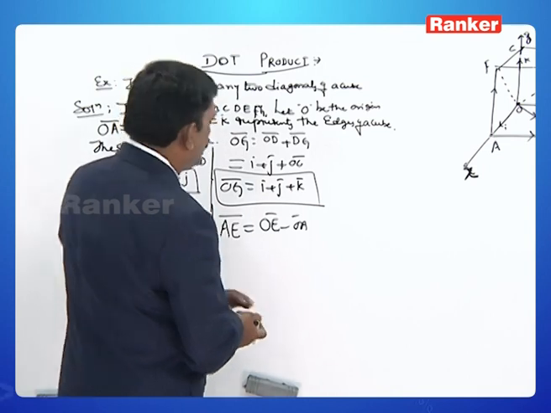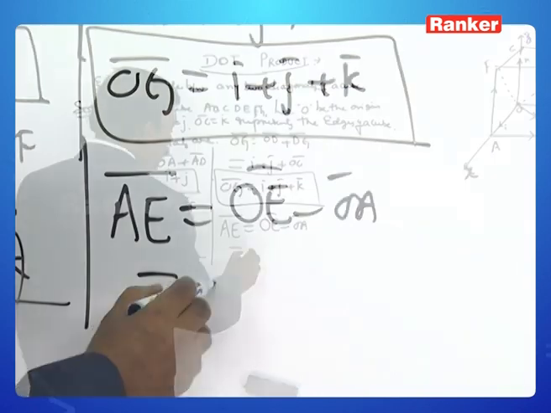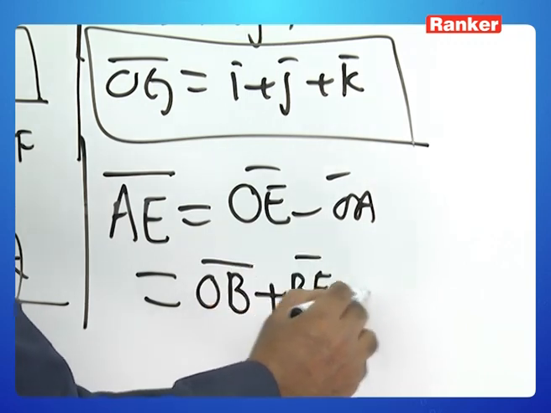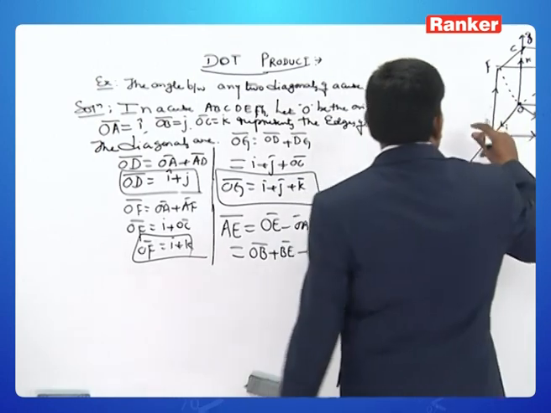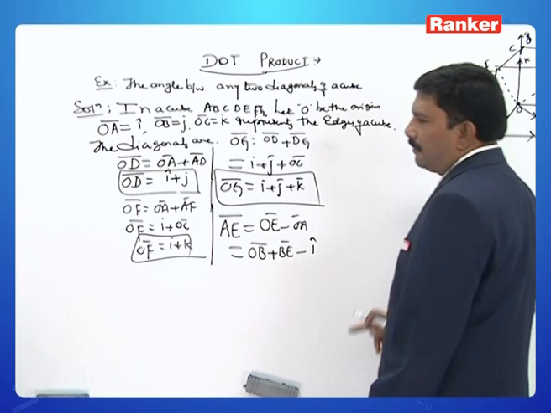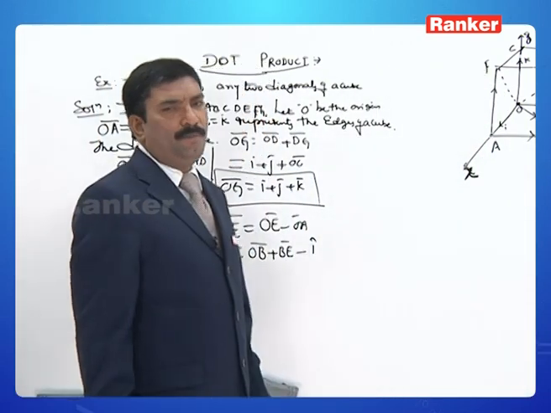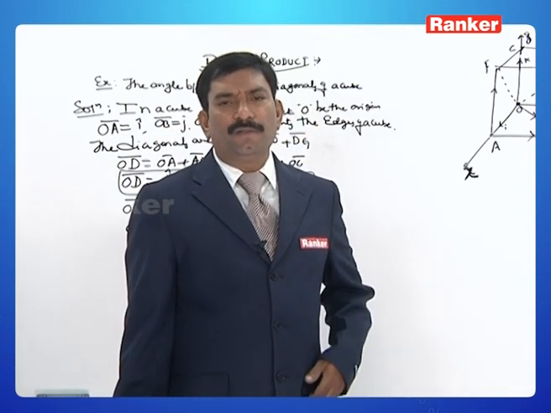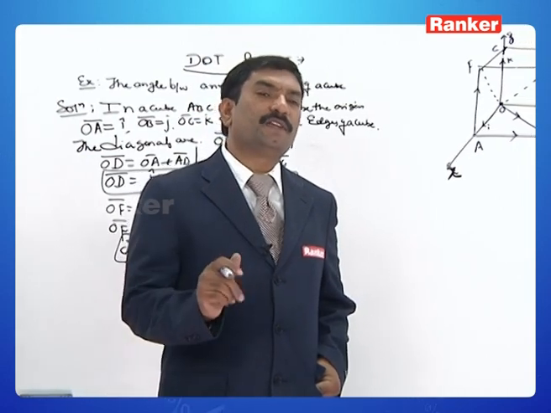OE bar can be written as OB bar plus BE bar minus I. This OE bar, by using vector addition, is OB bar plus BE bar. Vector addition can be applied anywhere, anytime, whenever the terminal point of the first vector coincides with the initial point of the second vector.